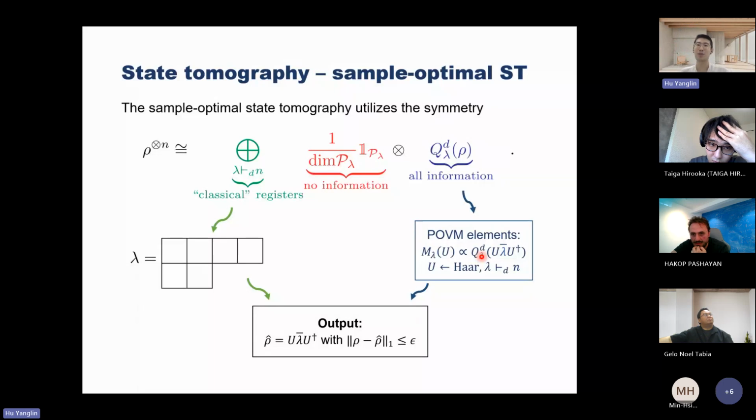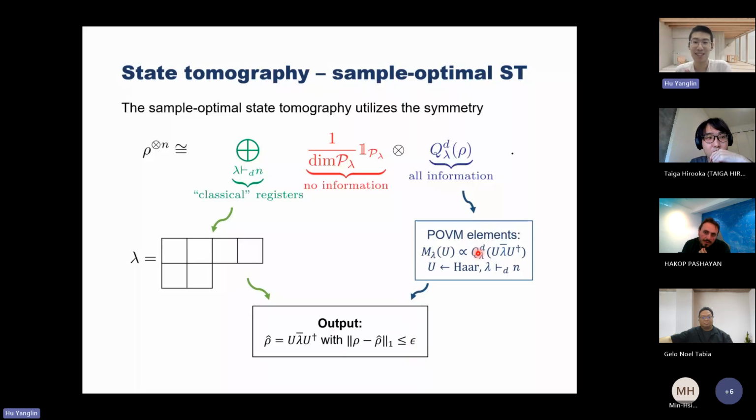So by full tomography, you mean you just get a state on this subspace, and then you do full tomography on the state of this subspace? Yes. So in that case, when r equals 1, for a state on this subspace, you just get the dimension of the subspace times the rank of the state. So the dimension of this Q lambda d subspace could be very high.